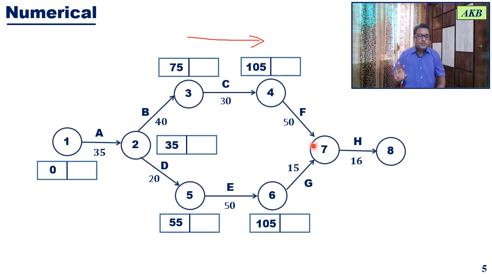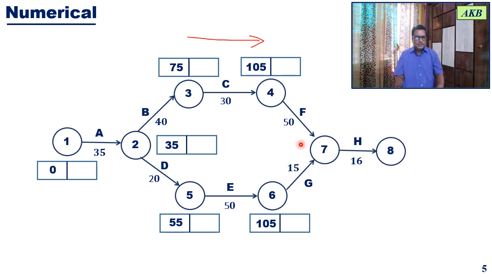So out of this, which one to choose? I have already discussed it in my previous videos. When you are at such a point, you have to choose the maximum value. Event 7 is a merge event. So when you are at a merge event, you always use the path that gives the maximum earliest event time.